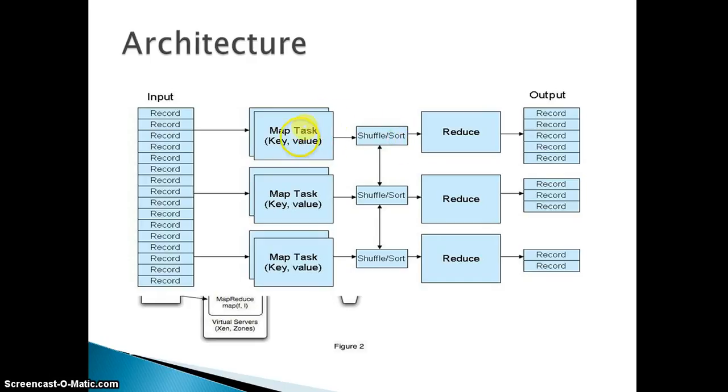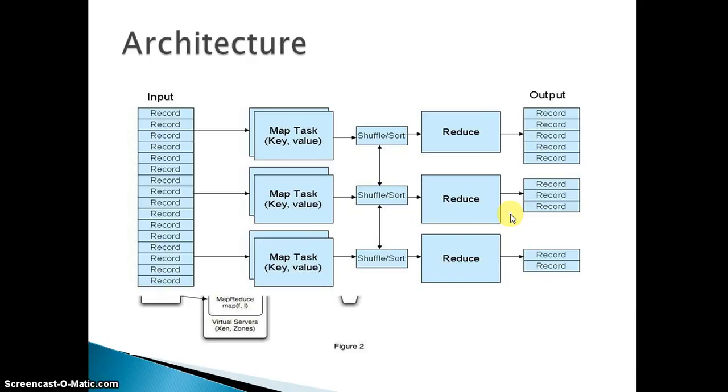Like that, it can contain any number of pairs. So the output of the mapper would be key value pair and input of the reducer would be key and values. Okay, so now what happens is reducer will combine your final result and give the consolidated result to the client.